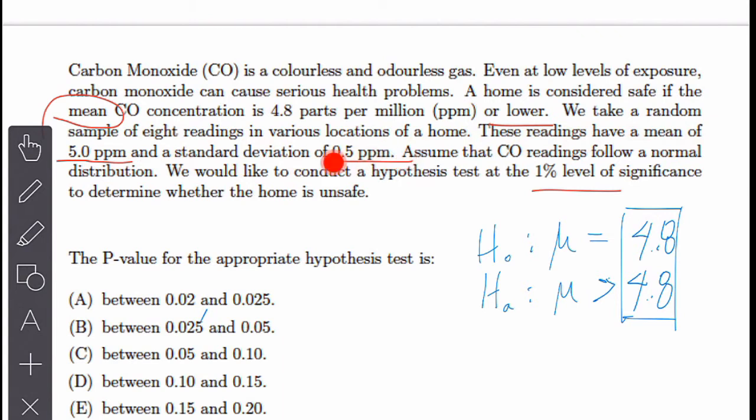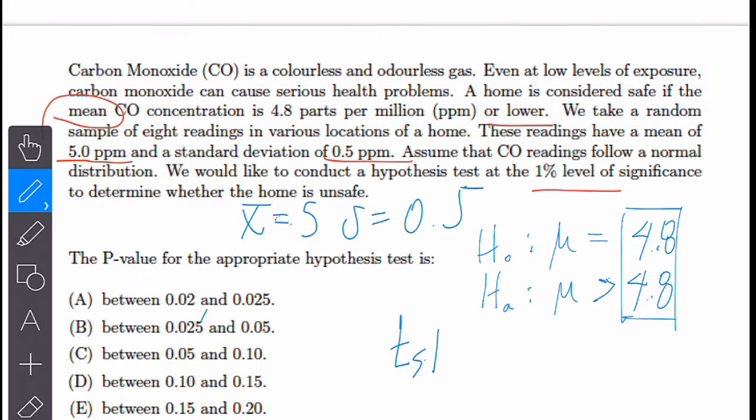So this is S and this is X bar. So let me write that down. So X bar is 5 units and S is 0.5 units. Alright? So then when I calculate the t-stat, it is the mean that I got, my evidence. Okay, now it's starting to get shaky or blurry what you're supposed to do.